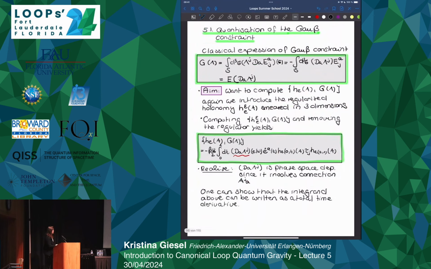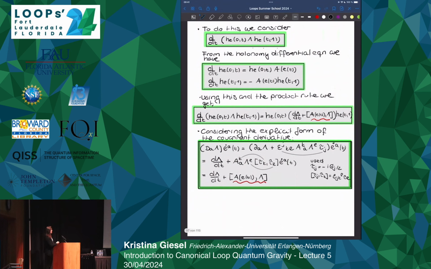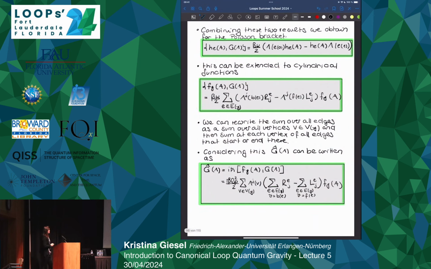So we can replace this, including the tau and the tangent vector, by the expression which is here on the left-hand side. Because it's a total derivative, we can just perform the t integration. And this was the result of the Poisson bracket between the holonomy and the Gauss constraint.